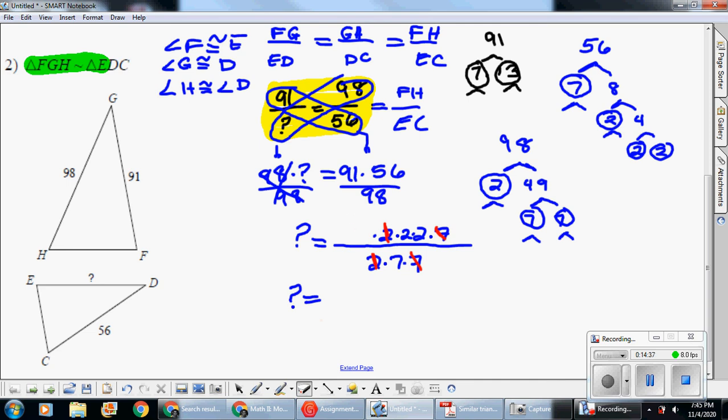This number wouldn't be 91, it'll be 7 times 13. Everything else is correct. Now this 7 will cancel with that 7. What you have is 13 times 2, which is 26. 26 times 2 is 52. So the length of the side that we're looking for will be 52. So this side will be 52.